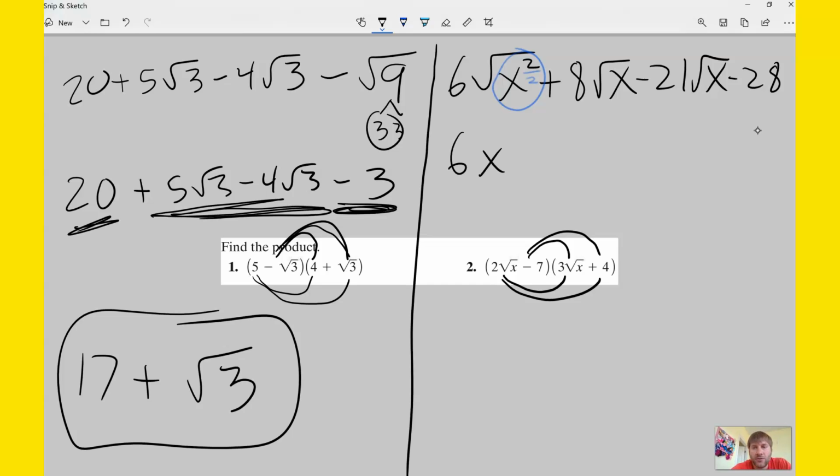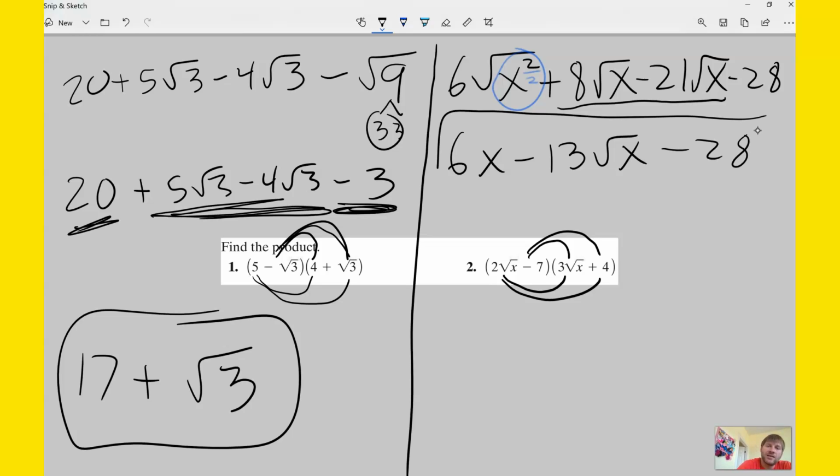And there's nothing left under the radical, so it's just 6x. Plus, the 8 root x minus 21 root x are like terms that can combine. And so when I combine those, it makes minus 13 root x. And then minus 28. And there's nothing else that is alike, so I can't combine anything else, and that's my final answer there.